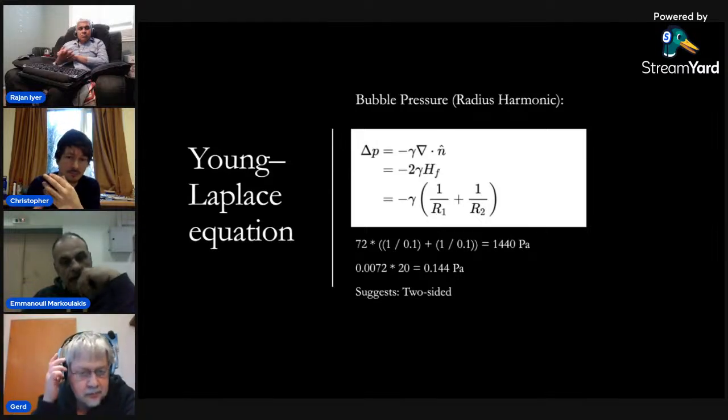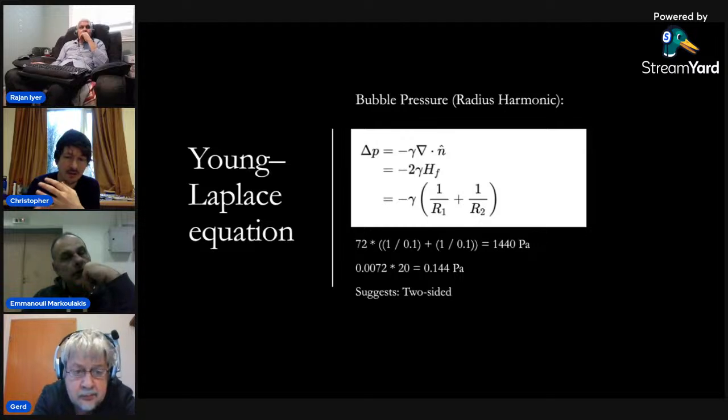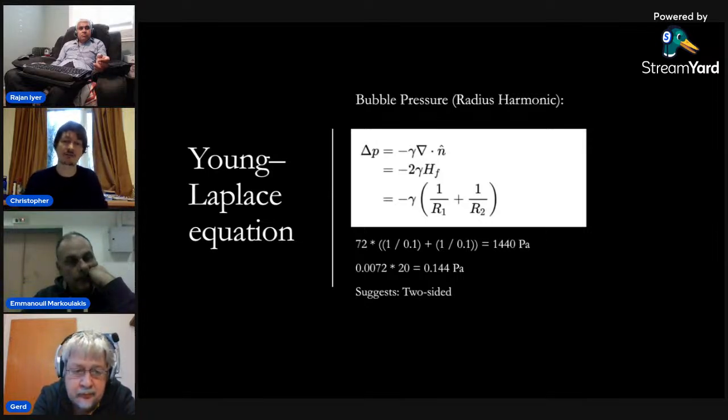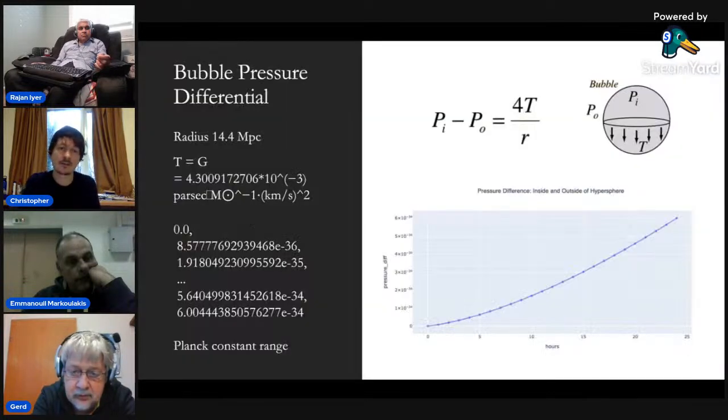And since we're talking about water, gravity and surface tension, these harmonics seem to suggest that indeed the universe is a bubble rather than a droplet. There are also other reasons to think that, based on our previous research that I showed you in previous slides, to do with bubble pressure and its relationship with gravity and electromagnetism.